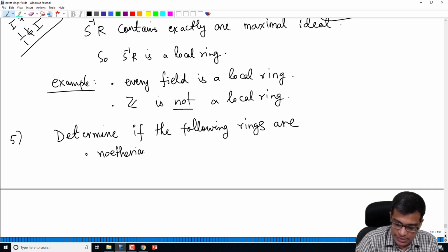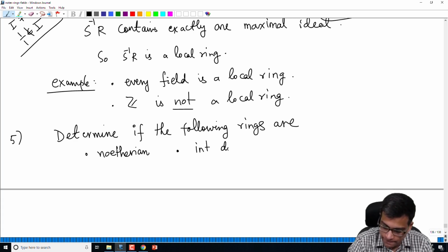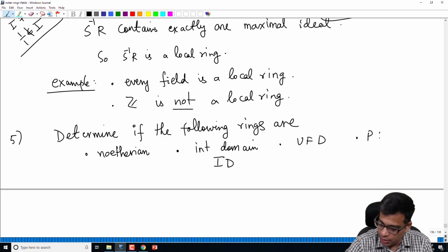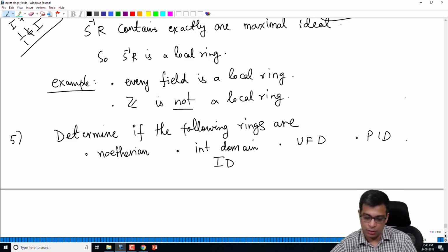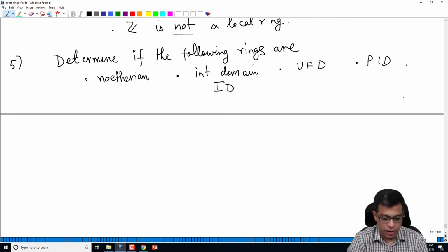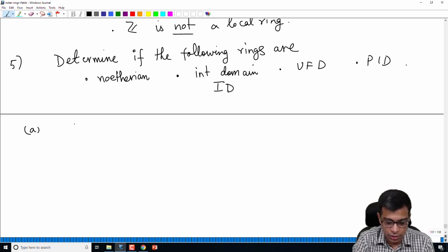Remember, Noetherian means ascending chain condition on ideals exists or every ideal is finitely generated. Integral domain, which I will denote by ID, UFD or PID. Determine if the following rings have this property. This is mainly to summarize the rings that we have studied. So I might forget some of them, but I'll try to do as many as I can remember.